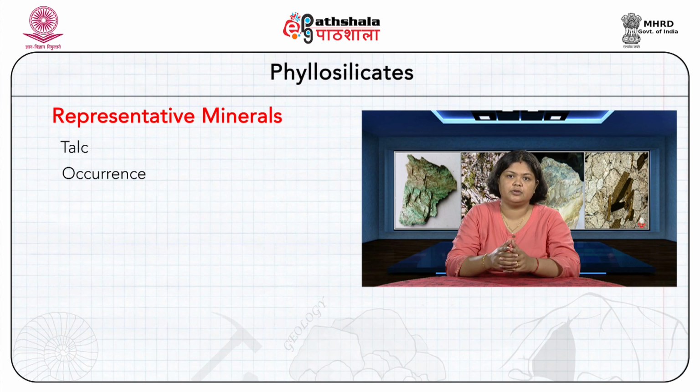Talc also forms due to metamorphism of mafic igneous rocks or mafic volcaniclastic sedimentary rocks associated with magnetite, tremolite, chlorite, anthophyllite or serpentine. Talc is also commonly found in hydrothermally altered mafic and ultramafic rocks in association with serpentine, magnesite and relict grains of olivine and pyroxene.